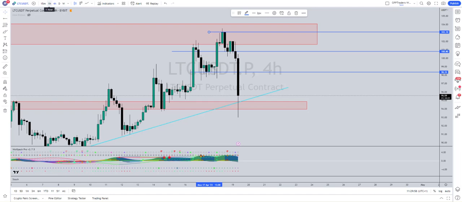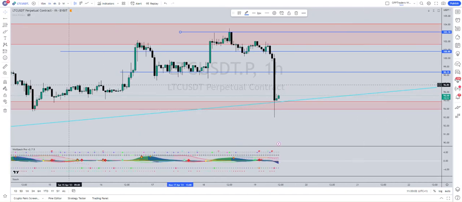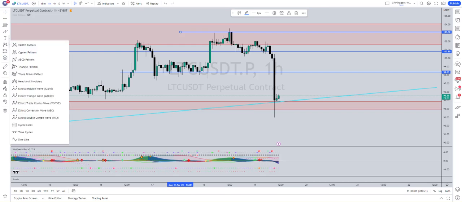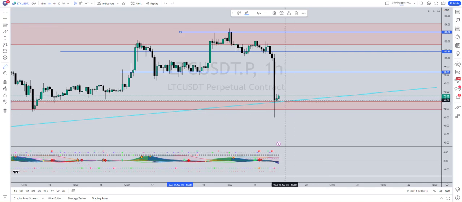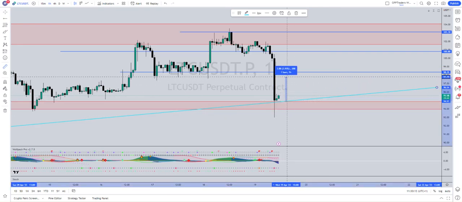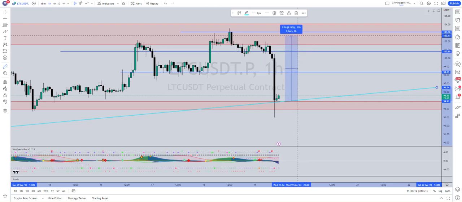So if I look on a 1 hour time frame, and let's get some measurement tools out. This is a 3% trade, 5%, back up to 7, 8, which is a decent amount.